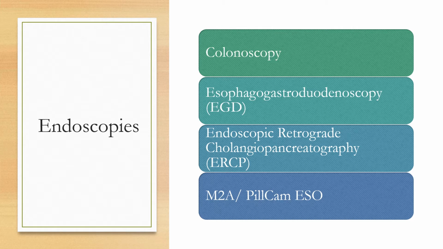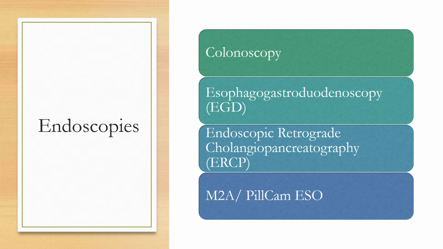Okay, so let's go on and talk about each of these in a bit more detail. So just remember, colonoscopy for viewing the colon, right? From the anus all the way to the cecum. Esophageal-gastroduodenoscopy, that term is way too long. So an upper GI scope or a gastroscopy. Those terms are also used.